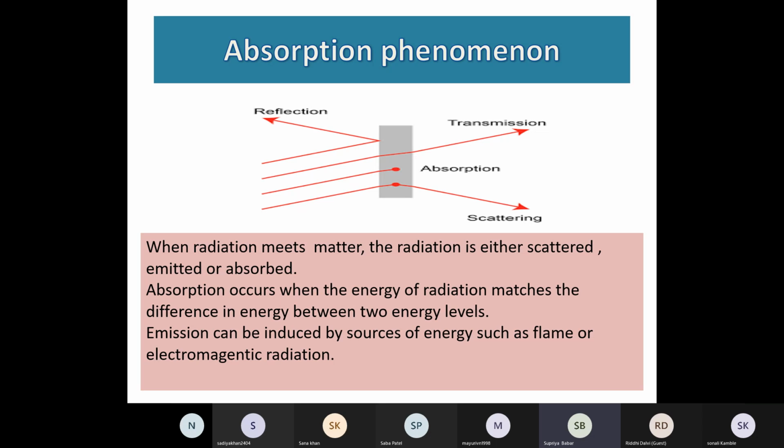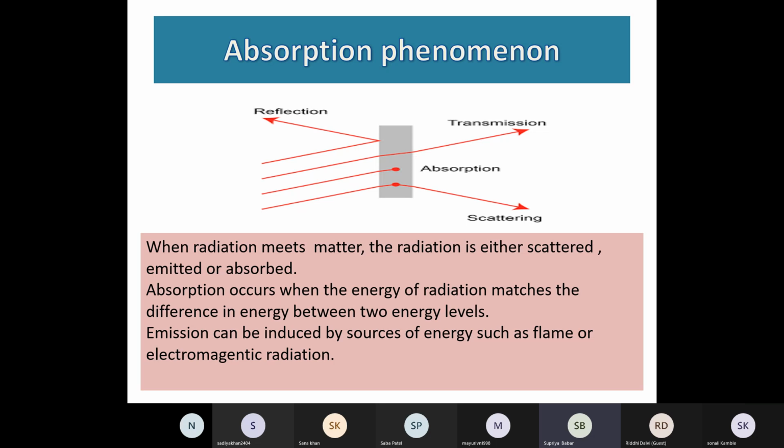So the medium consists of molecules which absorb the radiation and gain energy. But the amount of energy gained depends upon the frequency of radiation. Higher the frequency, greater will be the energy gain, because energy is directly proportional to the frequency.